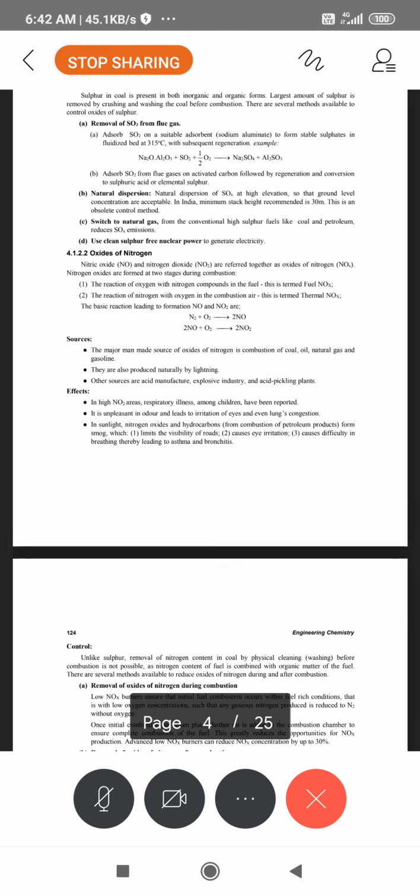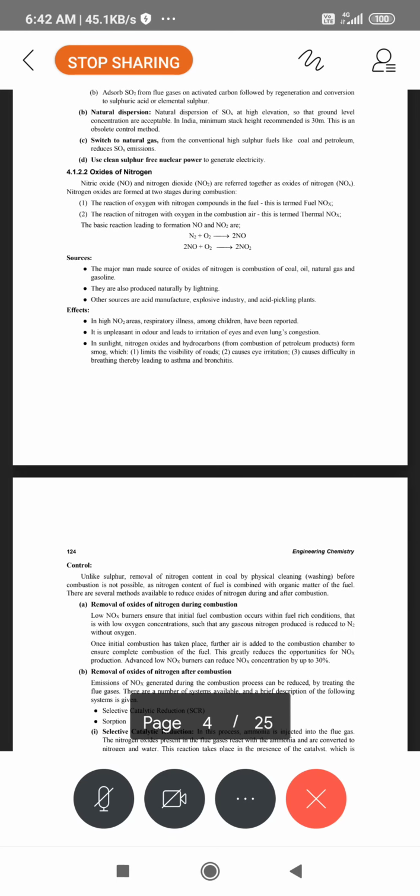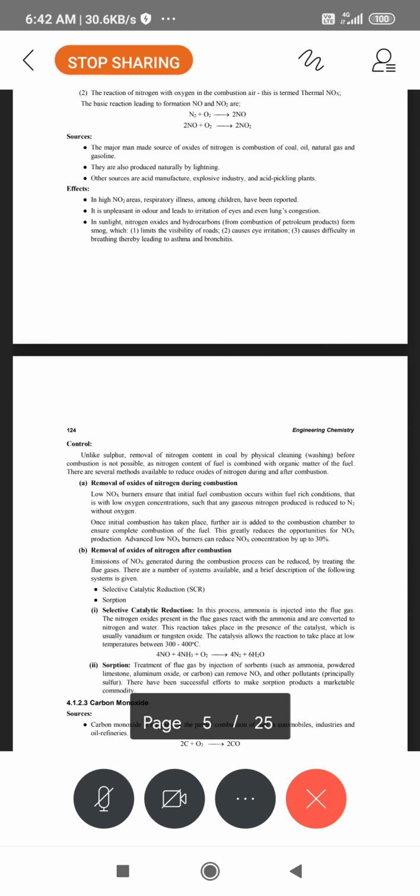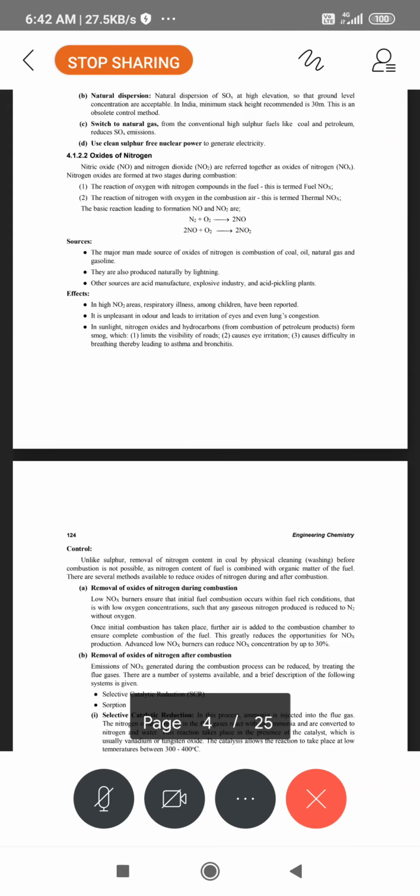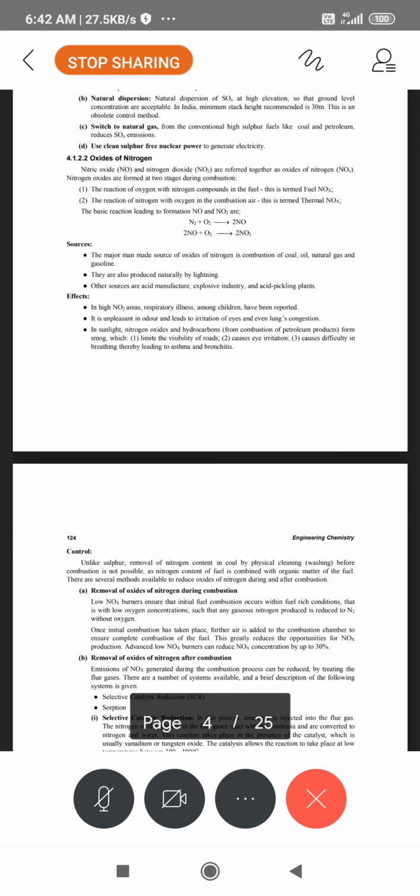The next is oxides of nitrogen. The percentage of nitrogen in the atmosphere is more than 70%, about 71%. That is no problem to us; we can use it as nitrogen.